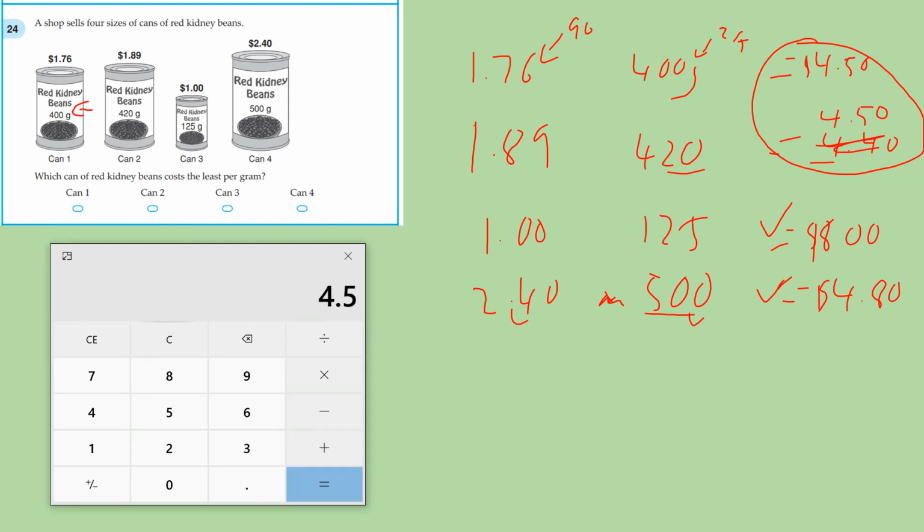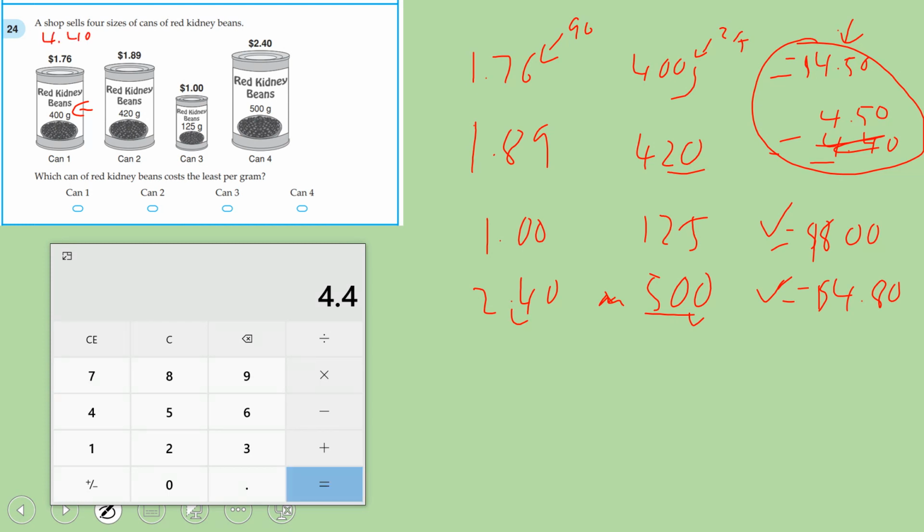And the top one is 176 divided by 0.4. This will be the right answer. 44. So my estimate was close. So $4.40. This top one, first one, is the cheapest.